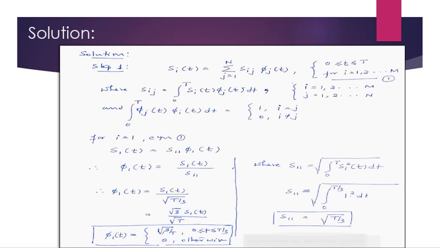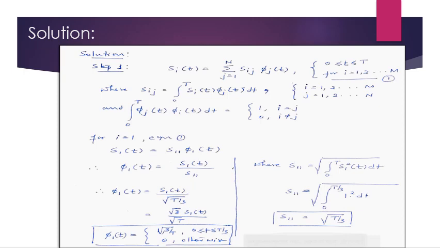Therefore, the root of the integration from 0 to T by 3 of 1 square dt. How did we get the limits from 0 to T by 3? As given in the question, S1 of t is defined as 1 when the limits are from 0 to T by 3, so it can be considered as 1. Therefore, S11 is defined as root of T by 3.